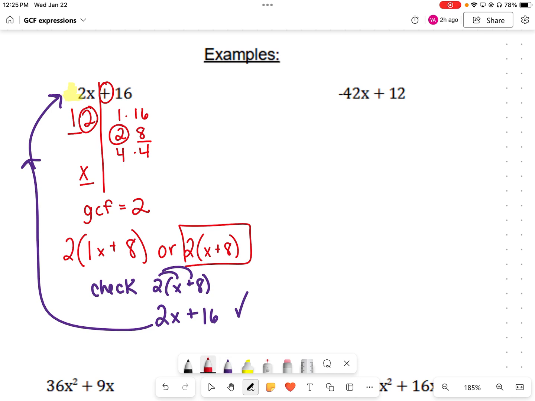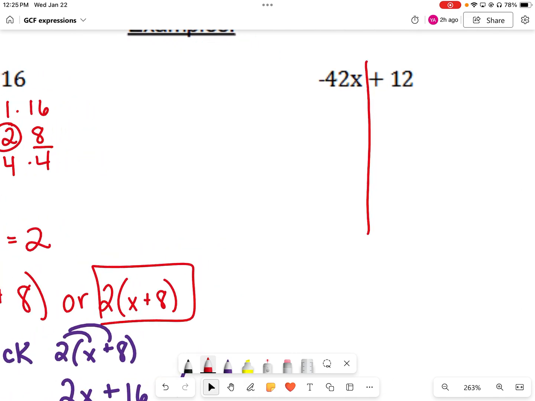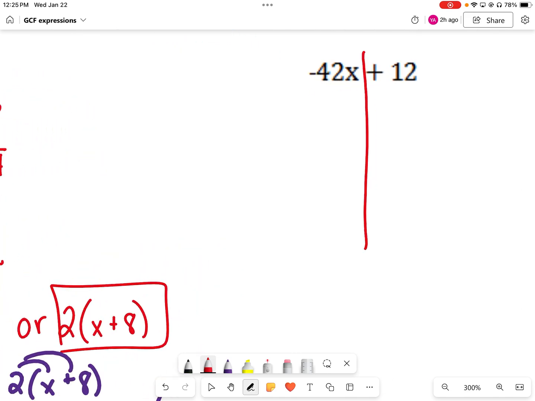All right, let's go to the next one. Draw a line in front of the x, or behind the x. Okay, let's ignore the negative up front at first, and we're just going to focus on the 42x and the 12. So let's go ahead and write all of our factors of 42. So 1 times 42. Go ahead and use your calculator to find the rest of them. I'm going to help you out a little bit.